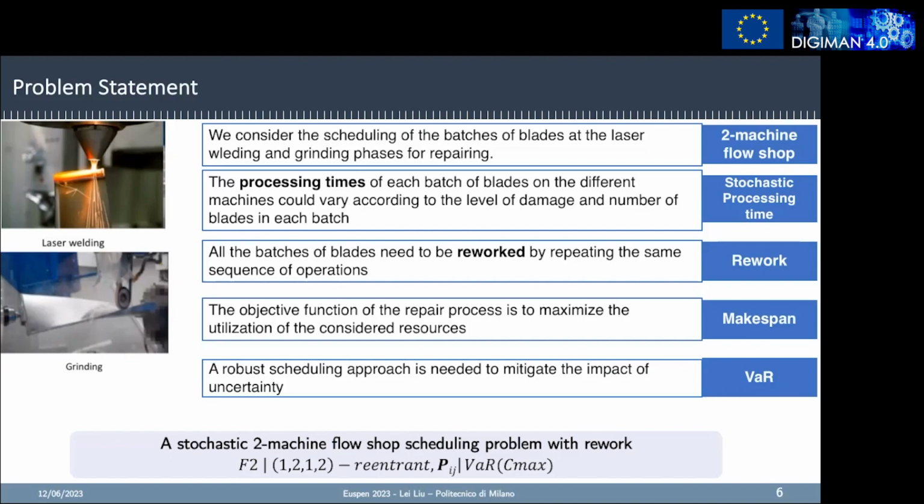All the batches need to be reworked by repeating the same sequence of operations on these two machines. The objective function is to maximize the utilization of the resources. Hence, the makespan on these two machines is considered. And a robust scheduling approach is needed to mitigate the impact of uncertainty. Specifically, the value at risk approach is exploited in this project.